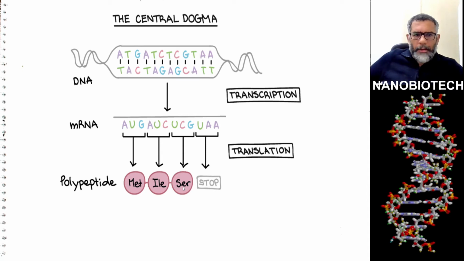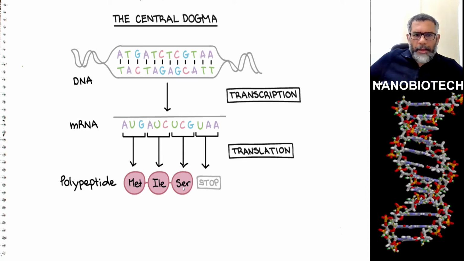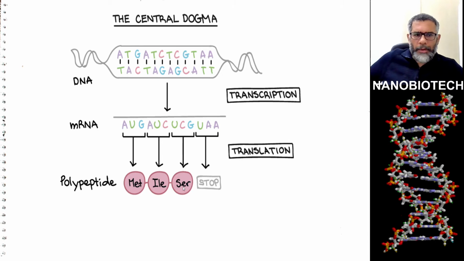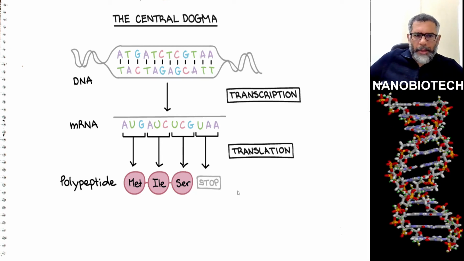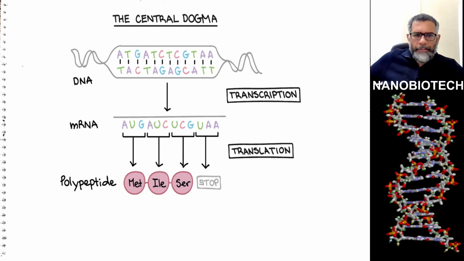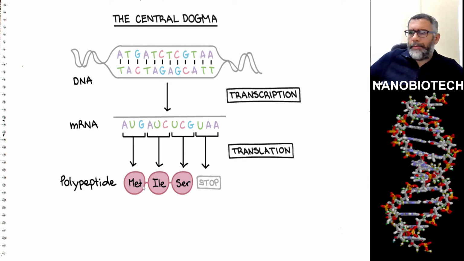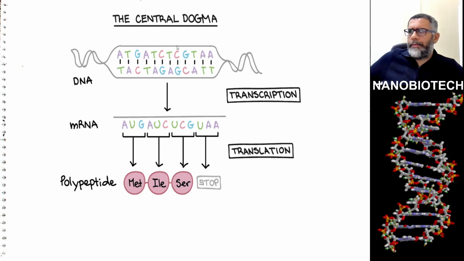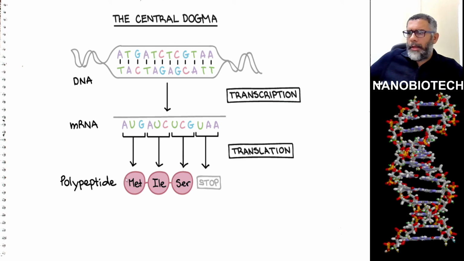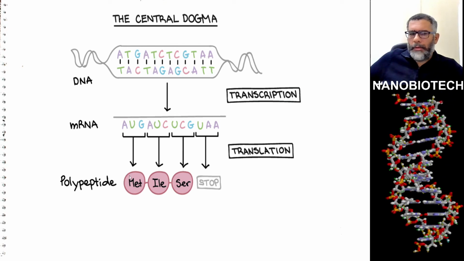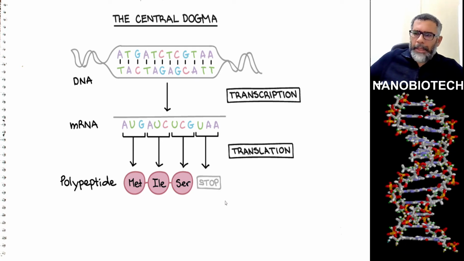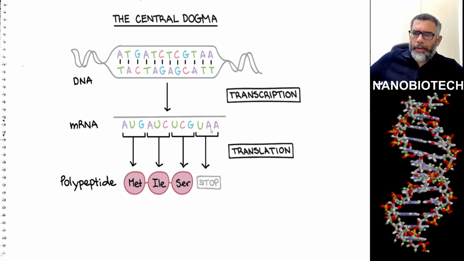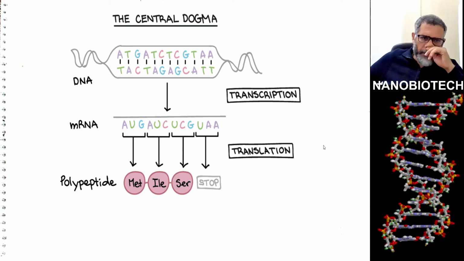The name translation reflects that the nucleotide sequence of the mRNA must be translated into the completely different language of amino acids. So whatever the information over here, it is just translated into a new language during the process of transcription and translation.